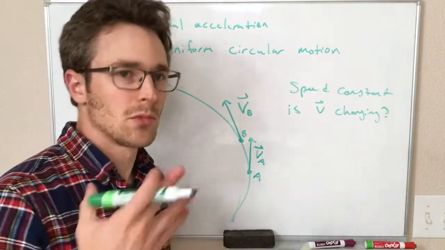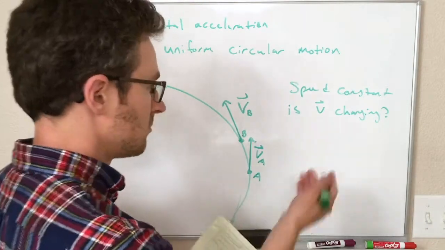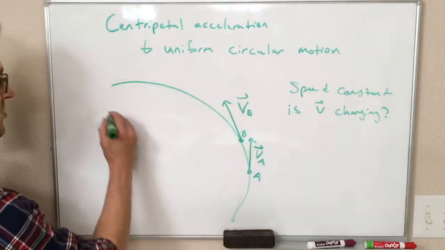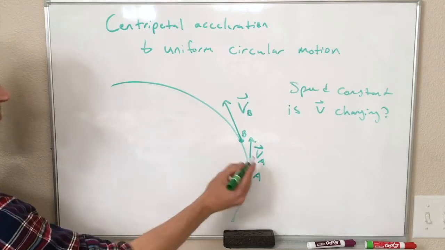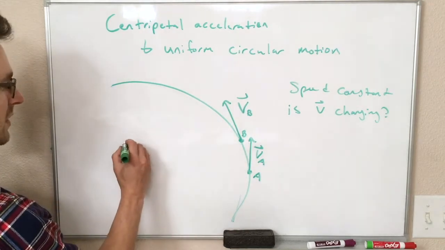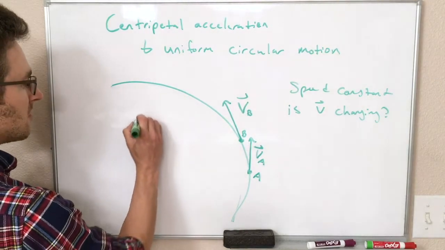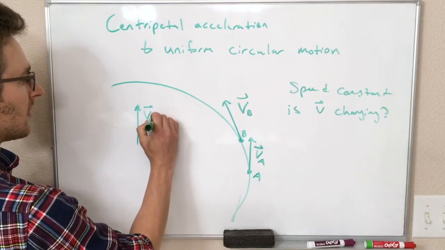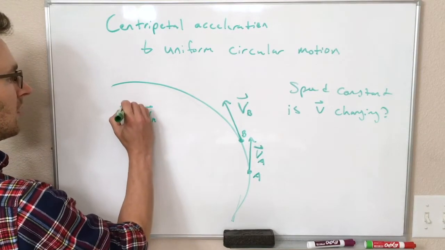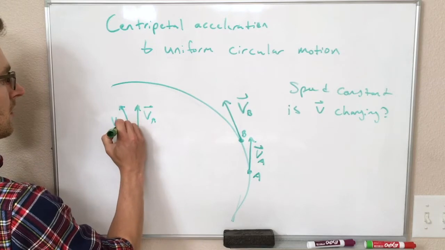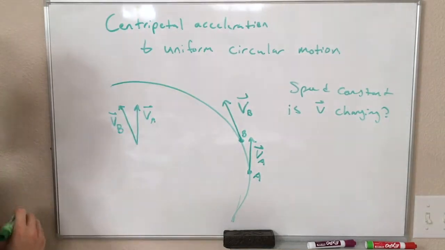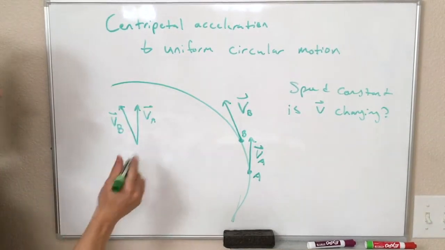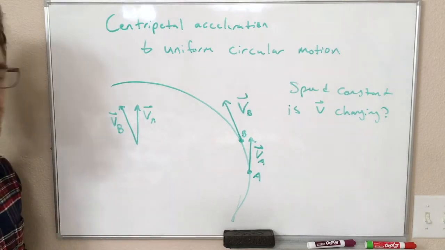If you don't quite believe that, we can show it on the picture. I'm going to draw both VA and VB as vectors coming from a single point. VA looks like this, and VB looks like that. They're supposed to be the same length, but at a slightly different angle.